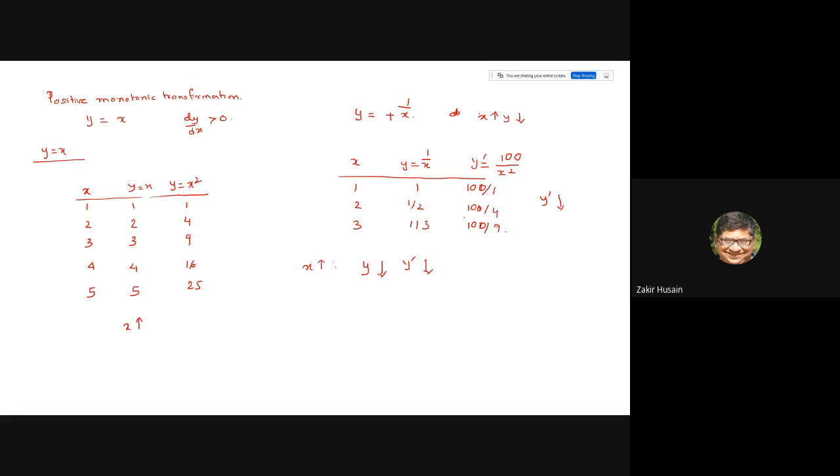Okay? But look at, compare between y and y prime. In each case, this is happening simultaneously. Not for the first case. In the first case, what you have is this.